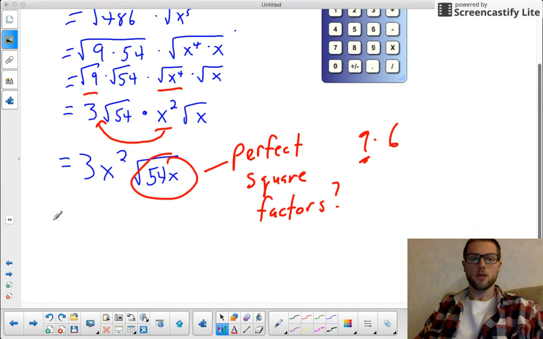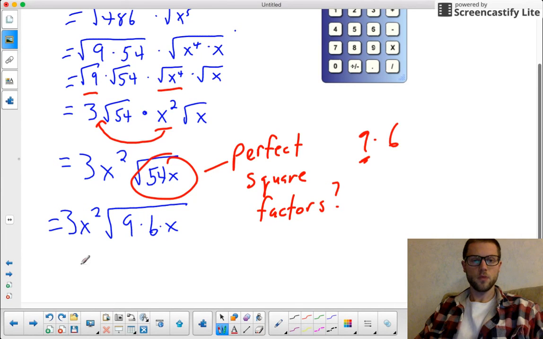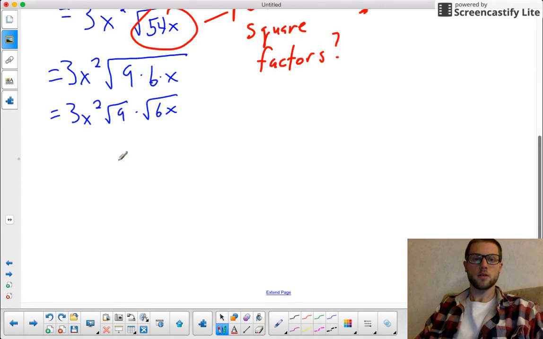Let's rewrite this then. I'm going to keep my 3x squared, and I can rewrite the square root of 54x as the square root of 9 times 6 times x. Let's split out this square root of 9. So I've got 3x squared times the square root of 9 times the square root of 6x. I know what the square root of 9 is, so I have 3x squared times 3.